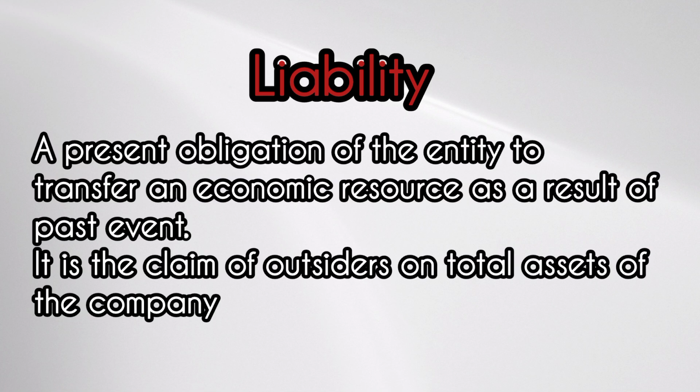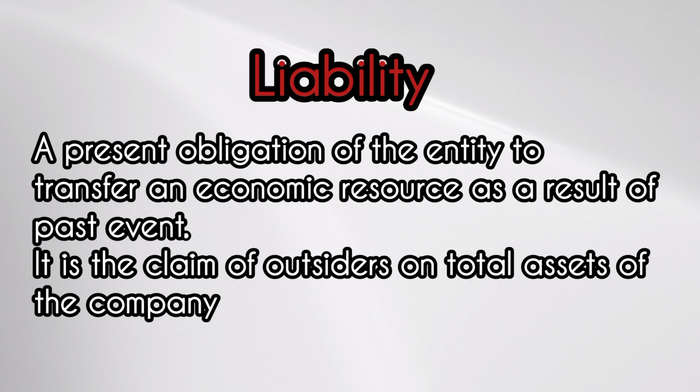Next we'll go for liability, a present obligation of the entity to transfer an economic resource as a result of past event. So here we are in an obligation. Okay, so if I say an example, we are taking a loan from a bank. While we are taking the loan, we are getting cash, but we are in an obligation to pay this to the bank in the future, right?